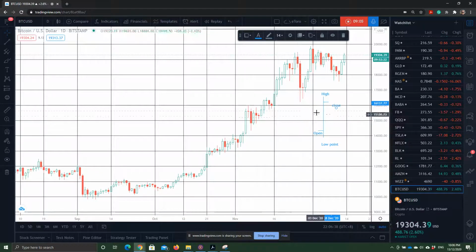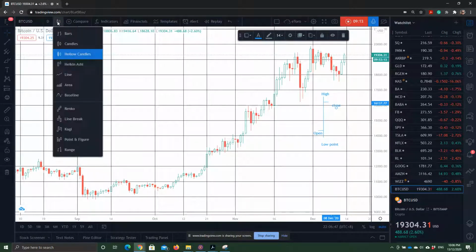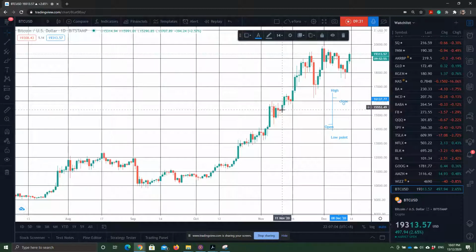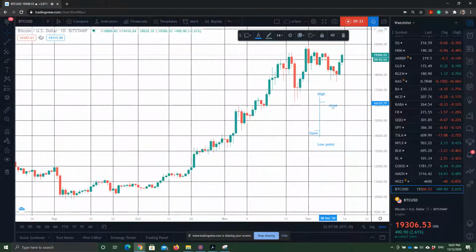But when the closing price is less than the opening price, it's filled. As I said, hollow candles and candlesticks are pretty similar. The only difference is that I like candlestick more because of the visualization of the chart. It's a bit prettier and easier to read compared to just the hollow and filled charts.